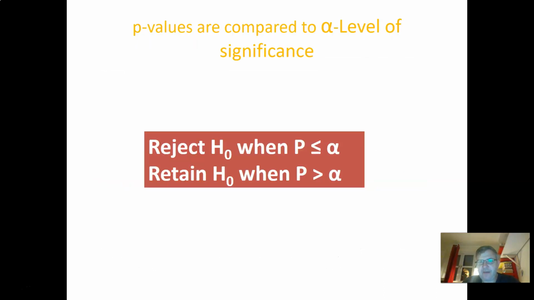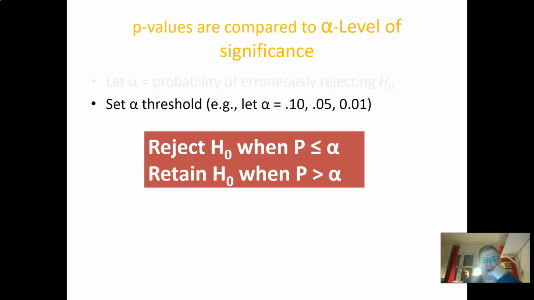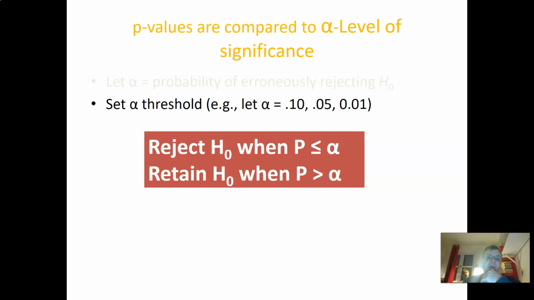So how do you use the p-value? If you have the level of significance, you can compare your p-value, that is the probability of actually rejecting a righteous or true null hypothesis, to the significance level. You have some threshold, the alpha significance level, which you set yourself, usually 10, 5, or 1%.